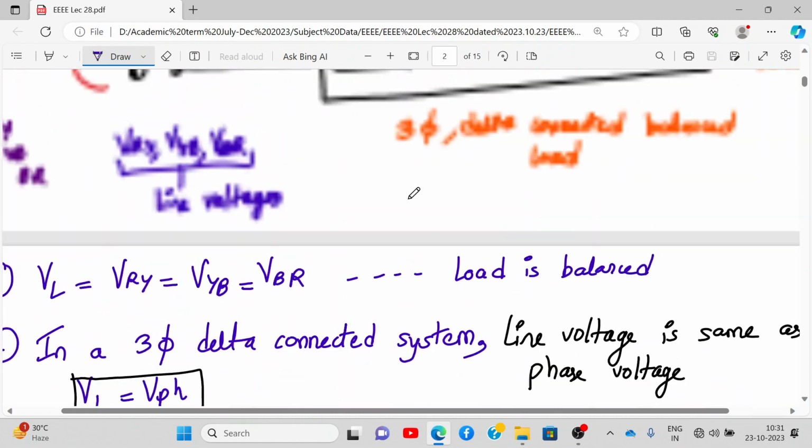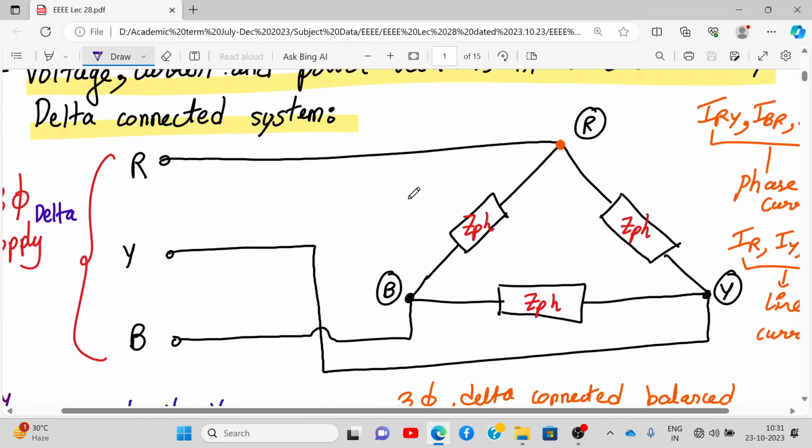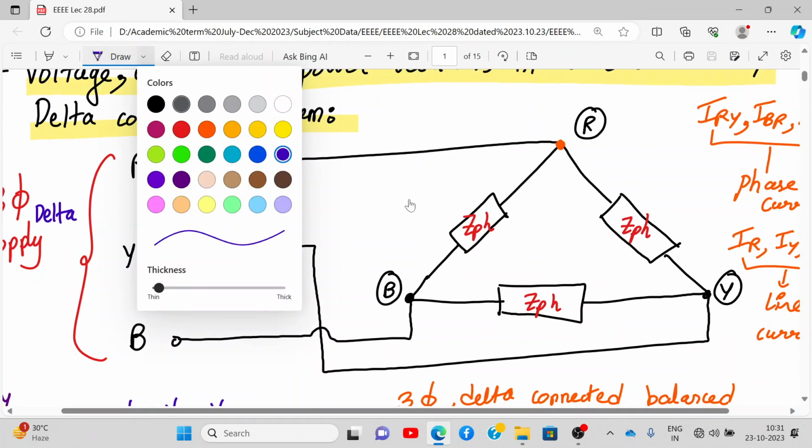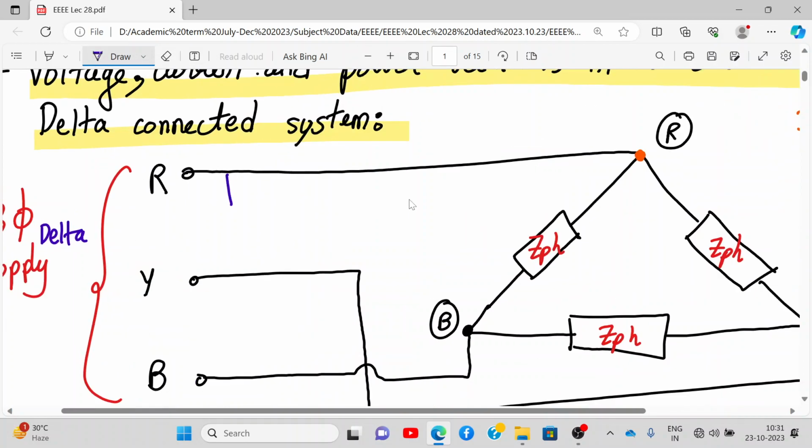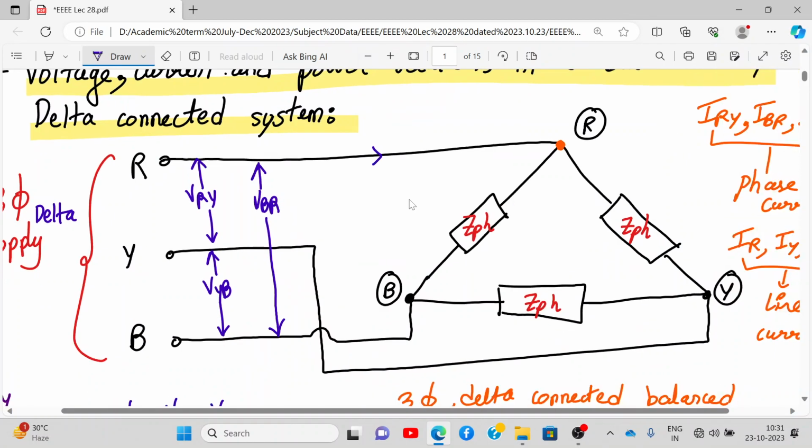Now, if I want to mark the various currents over here, how will I show it? These are my line voltages VRY, VYB, and then VBR. My three line currents are IR, IY, and IB.